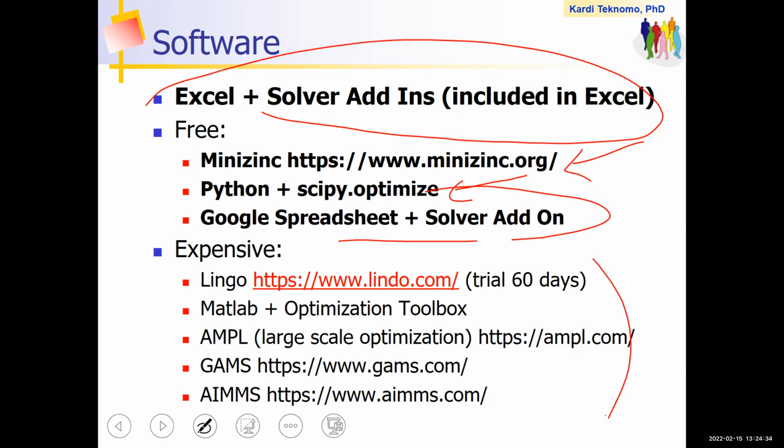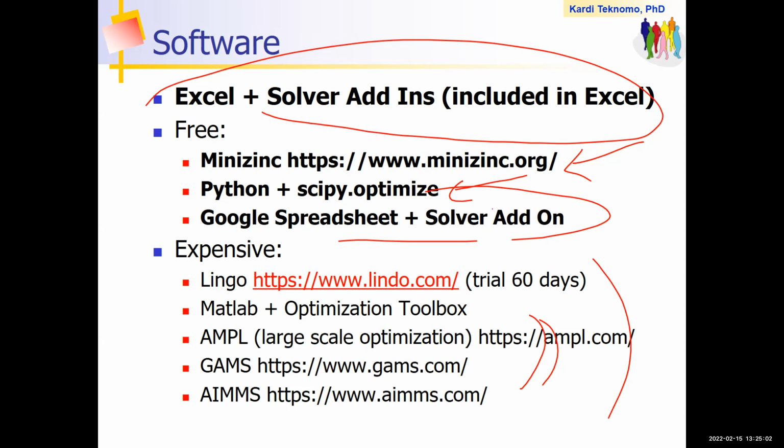These are just a few of them I put here. I think this is quite famous software for optimization. AMPL can have millions of decision variables, which is usually used by professionals or in OR.